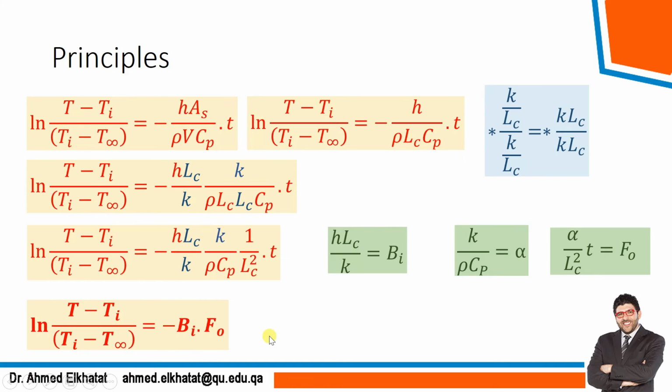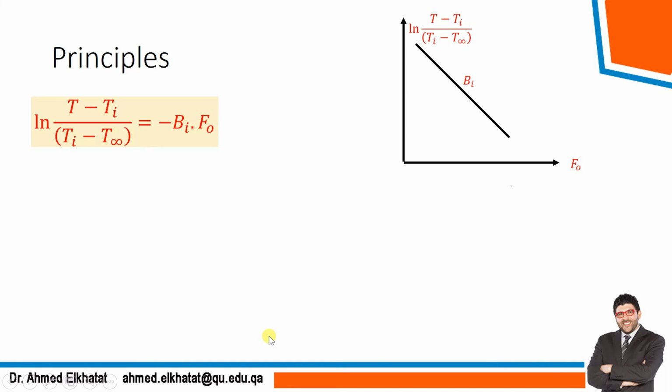So now if I plot these values against the Fourier number, the slope will be the Biot number. If the Biot number is larger than 0.1, that means this shape is not a lumped capacity model.